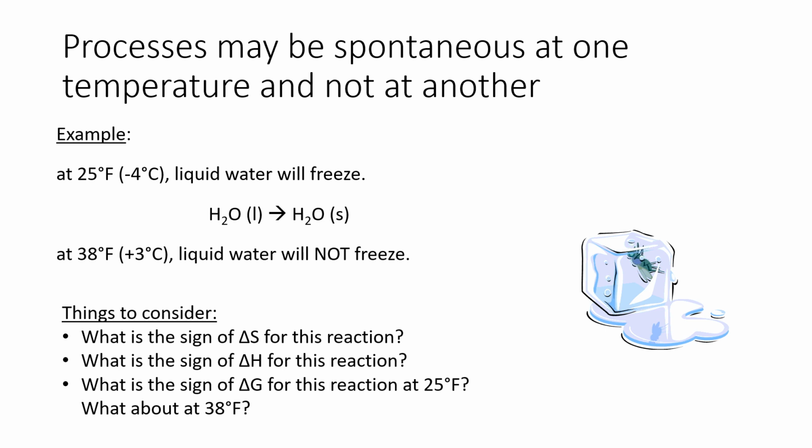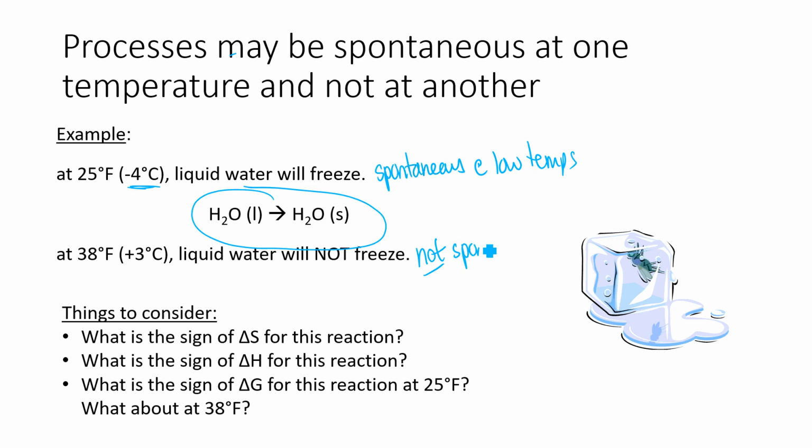But if you stick it in your freezer that has a temperature of -4 degrees Celsius, then it will spontaneously freeze. So this process right here is spontaneous at low temperatures, so like in your freezers, but it is not spontaneous at high temperatures. So that's something to keep in mind, and we're going to think about why that is in a moment.